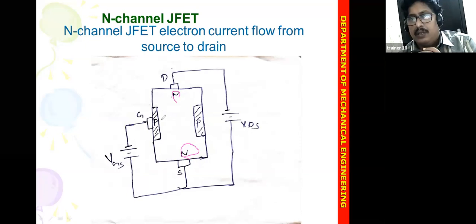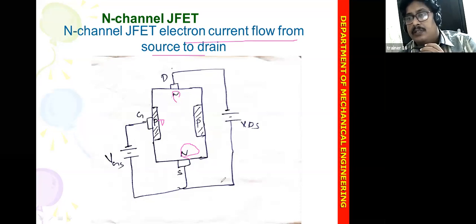Maybe the holes are attracted and then it passes, thereby the current increases. This is the N-channel JFET, electron current flows from source to drain, because the body is N-type semiconductor. So here the current flow rate increases.